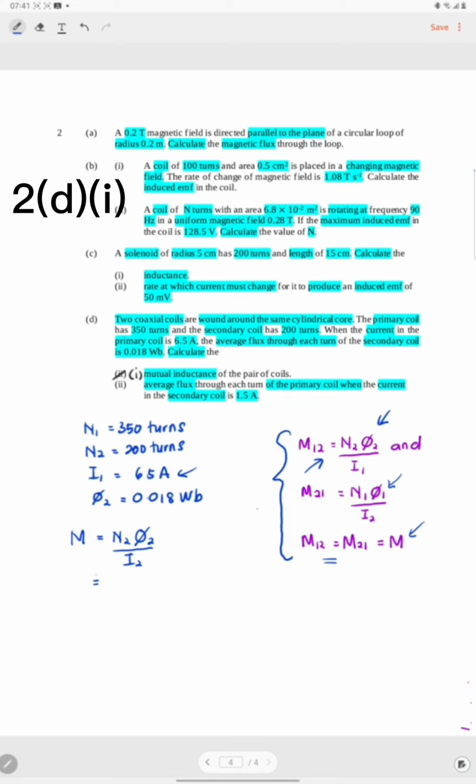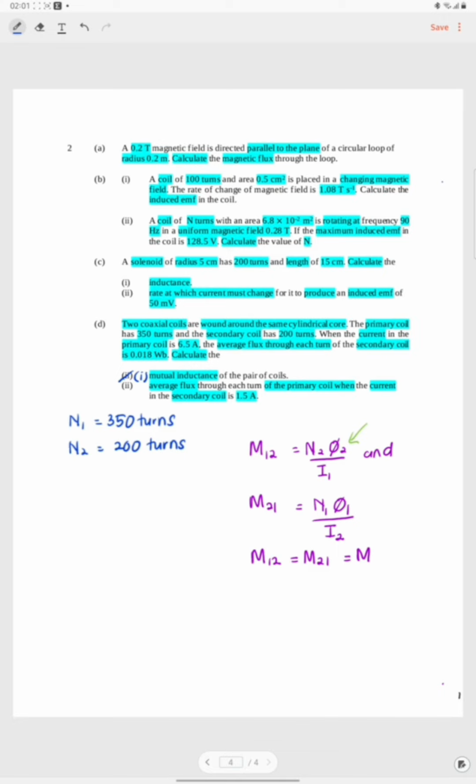I just substitute the information. N2 is 200 turns, magnetic flux 2 is 0.018 divided by I1, 6.5 ampere, and our mutual inductance is 0.55 Henry.